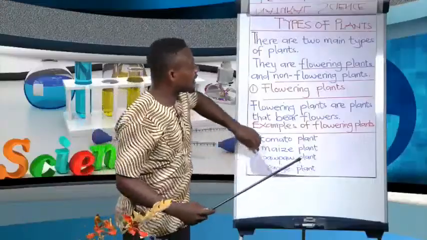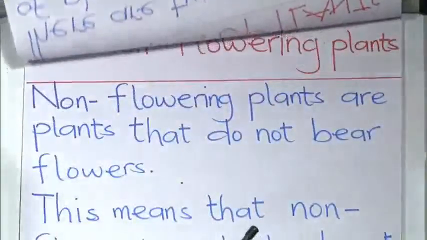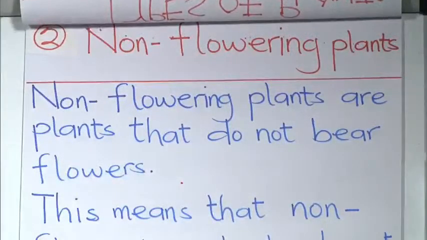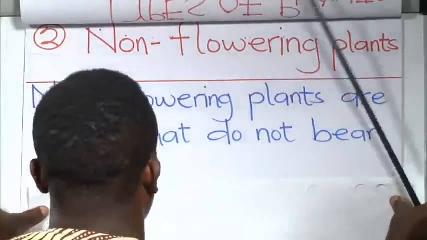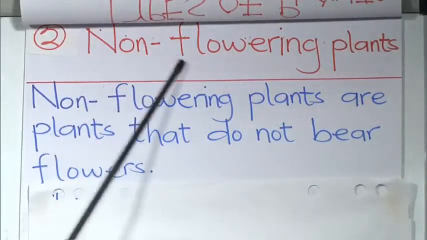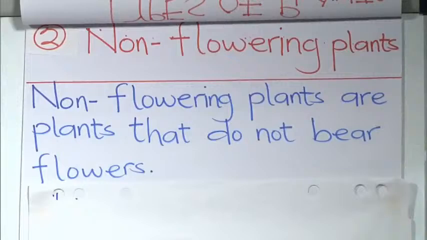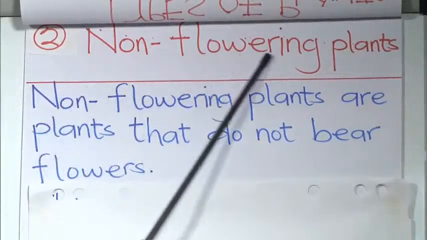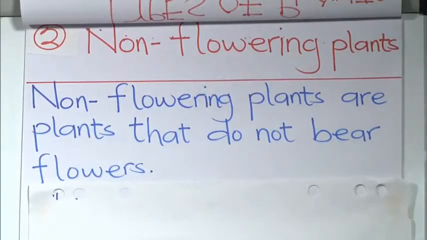Now let us look at the next type of plant. The next is called non-flowering plant. Let's say it together. Non-flowering plant. Flowering plants bear flowers.